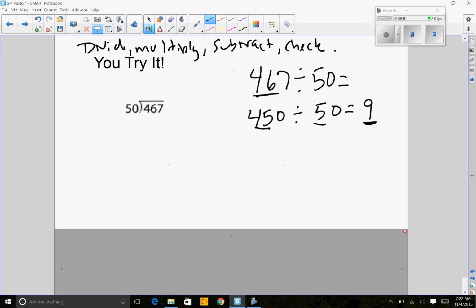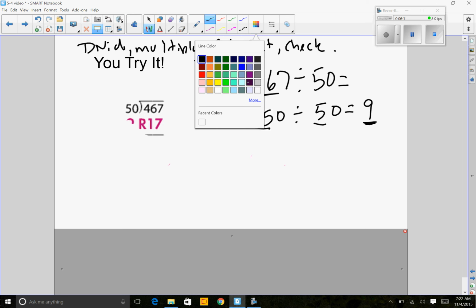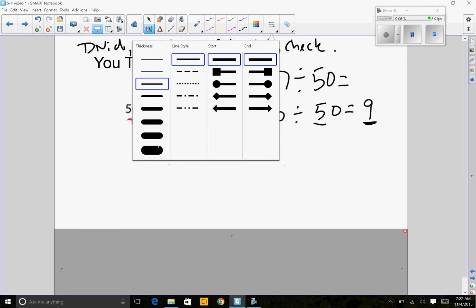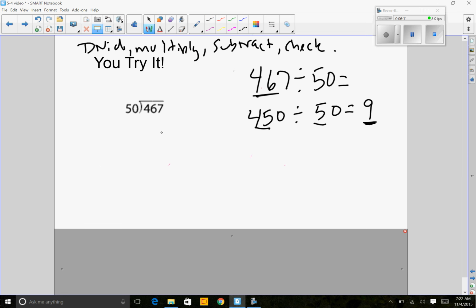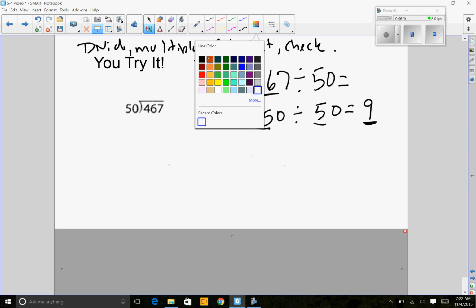I know my estimate is right, and I know that it is only going to be a one digit because if I put a 50 there, it wouldn't work. I knew that my answer has to be a one-digit answer.